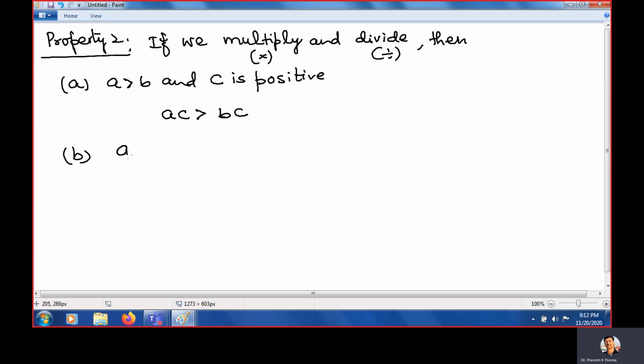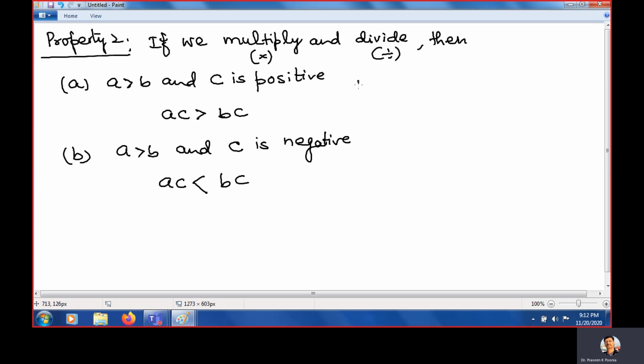But if A is greater than B and C is negative, then AC and this greater than sign will change into less than. Please remember, if C is negative, the sign changes from greater than to less than.